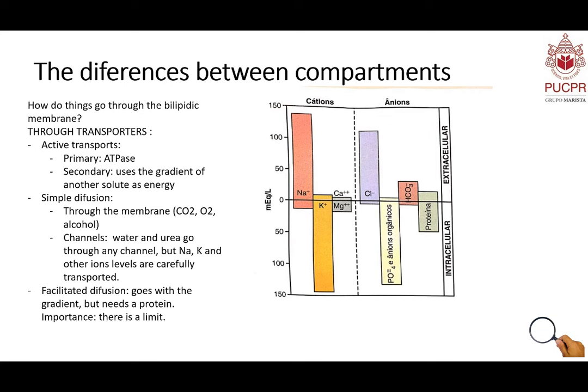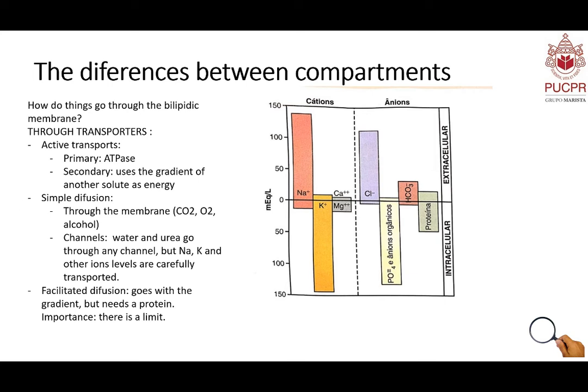One example of this kind of transportation is the glucose transporters. They are only able to put inside the cell a certain amount of glucose, and this is really smart because think that you just ate a chocolate. Then your intestine, your bowels, are going to absorb all that glucose, right?